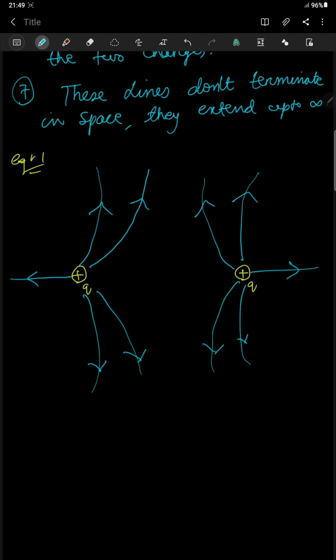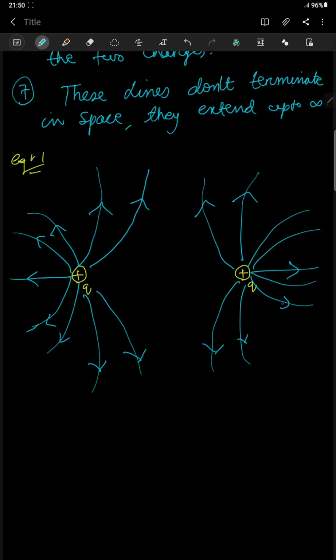I have told you it has to be symmetric, so let me draw the symmetry for this. And one point you will get where the electric fields balance each other. So this is N, which is called the neutral point. This is one of the examples.